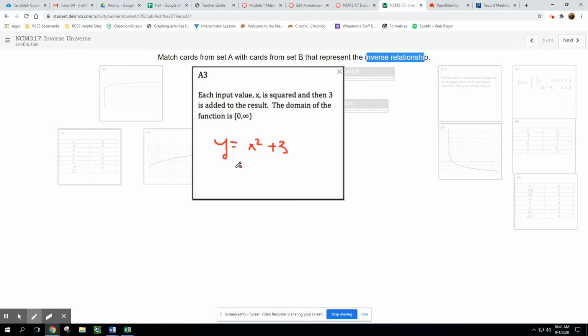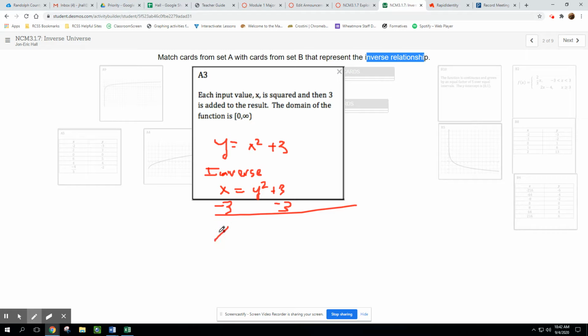To find the inverse here, you need to switch the x and switch the y. So the inverse is going to be equal to, now x equals y squared plus 3. Now, when you do this, you're going to have to solve for y. So you're going to need to subtract 3 to the other side.